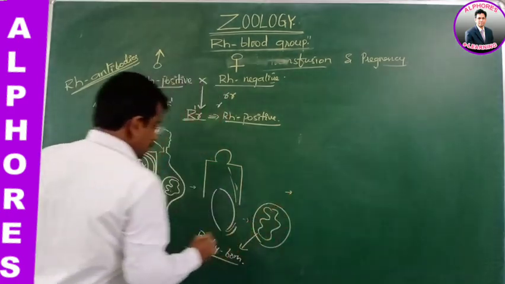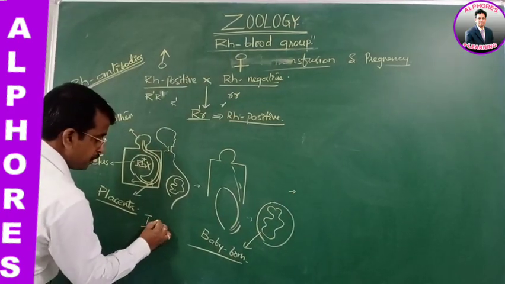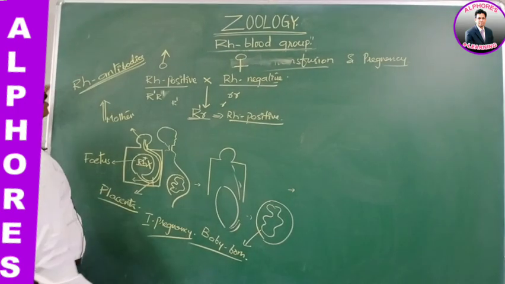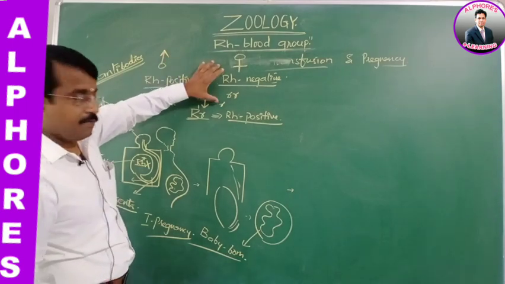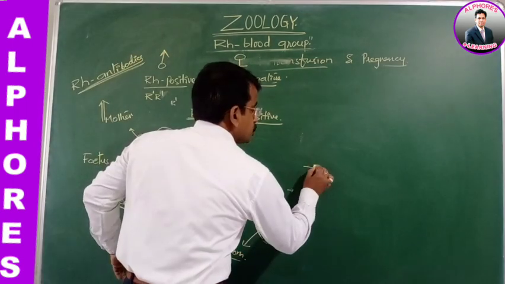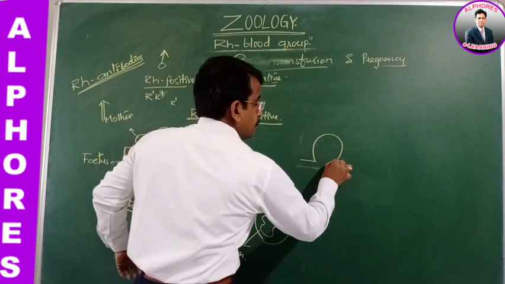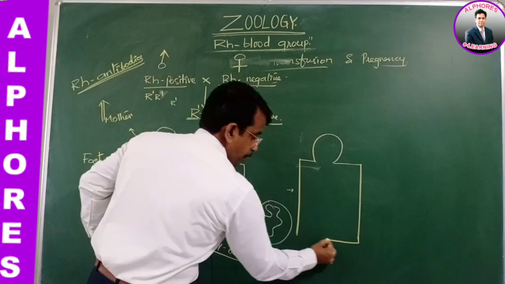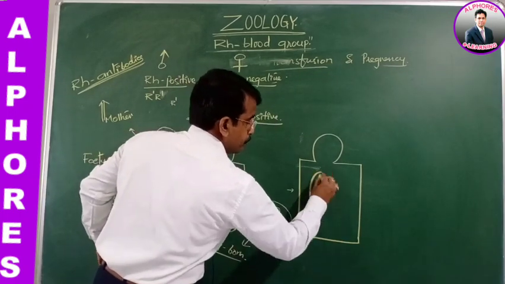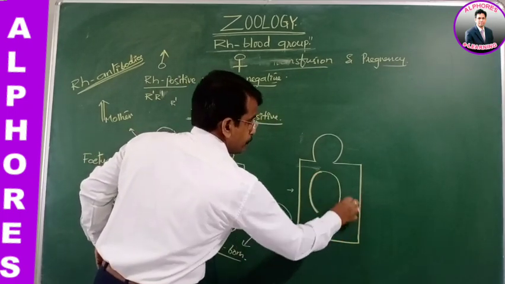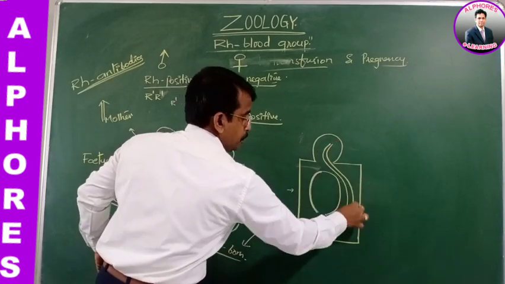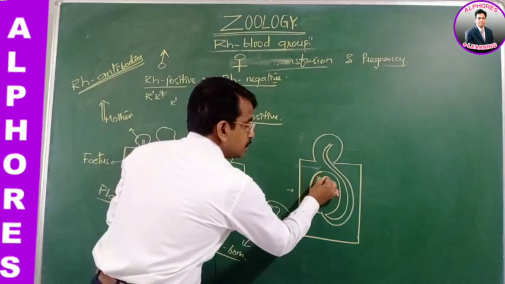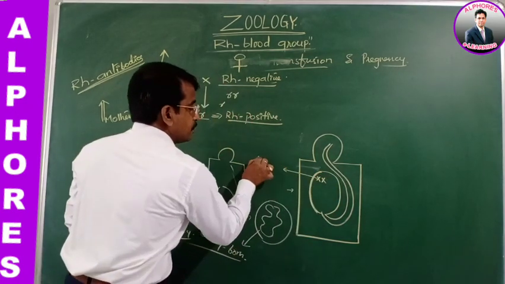Let's see, this is the first pregnancy between the Rh positive father and Rh negative mother. The second pregnancy, look at here. Look at here. The description, what it indicates. The baby is with Rh antigens.